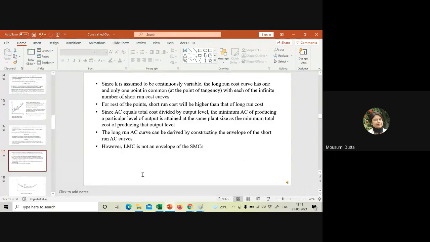So at that point only, the long run total cost will be exactly equal to the short run total cost for that particular plant size. However, if the output level changes only in the neighborhood, there will be another plant size which will be more profitable.